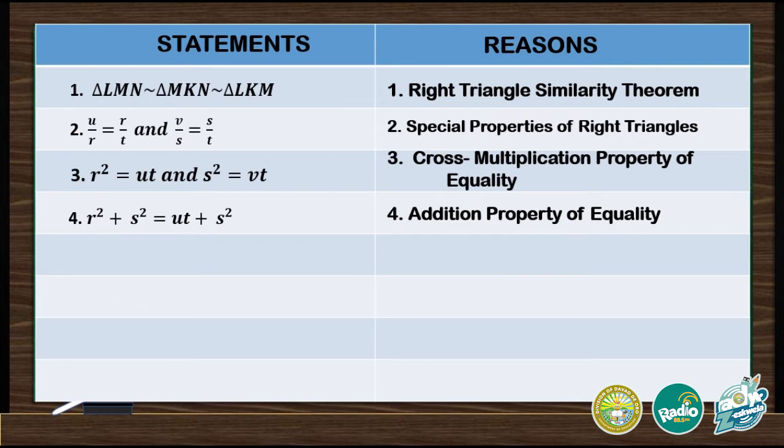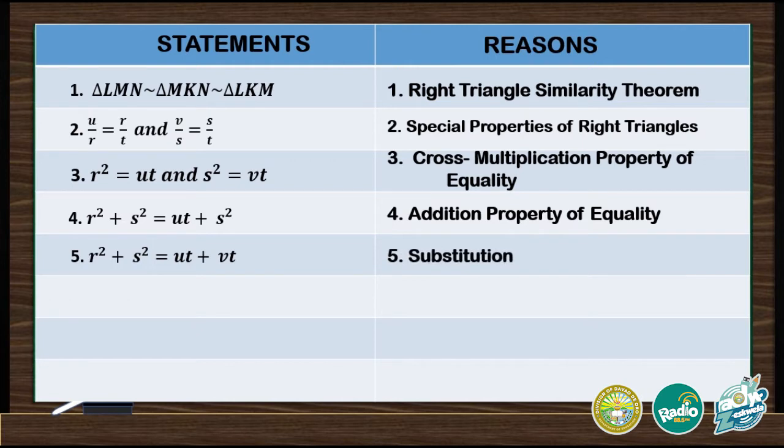R squared plus S squared equals UT plus VT. The reason for that is substitution.